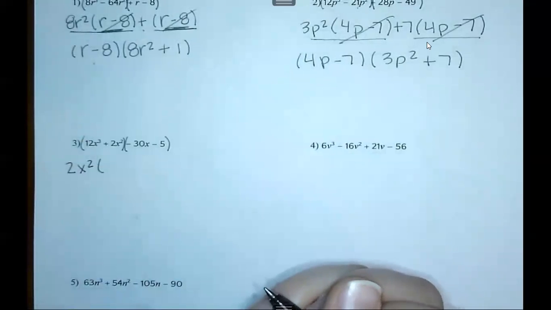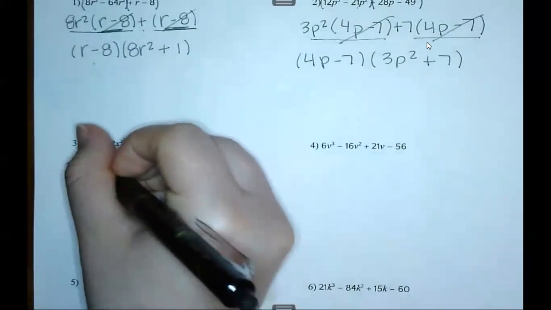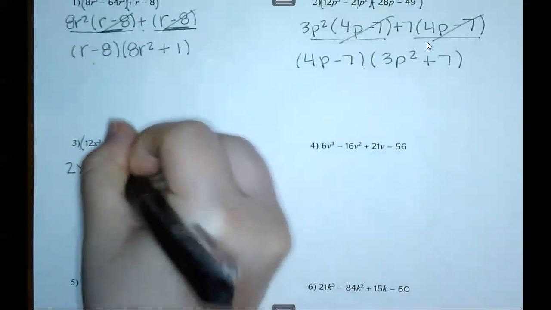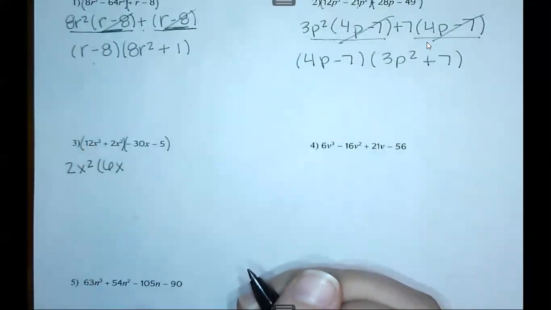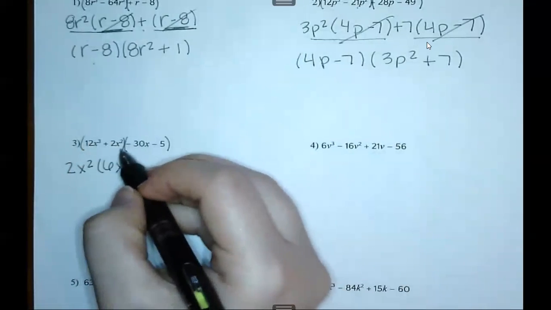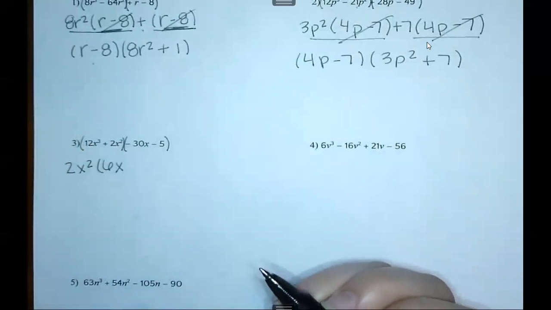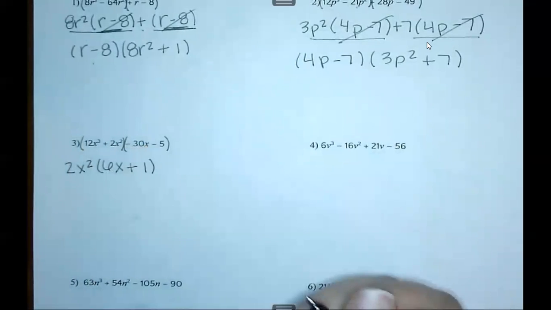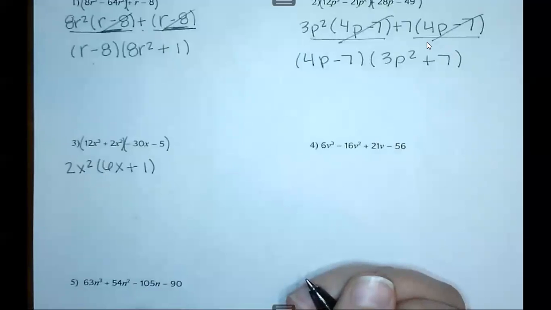So if I divide 12 by 2, I'm going to have 6. If I take x squared out of x cubed, we're just going to be left with 1x. And 2x squared divided by 2x squared is just going to leave us with 1. Anything divided by itself is 1.